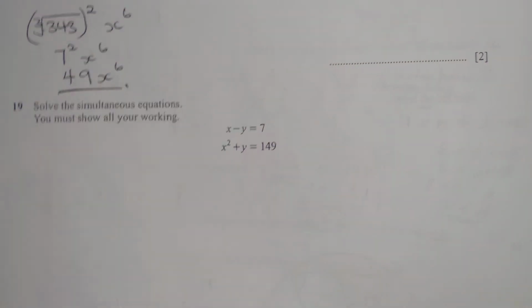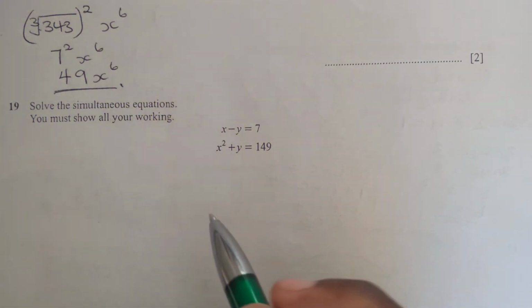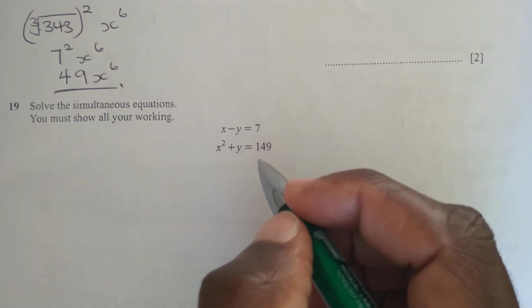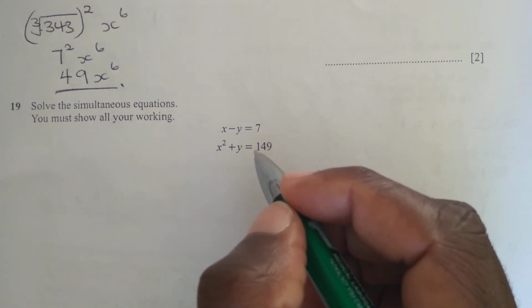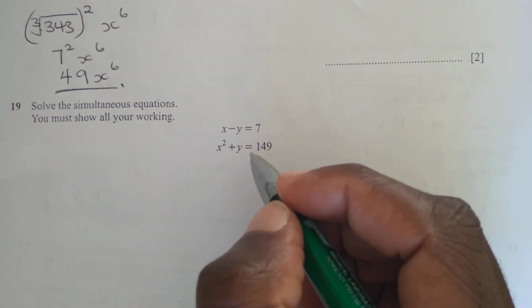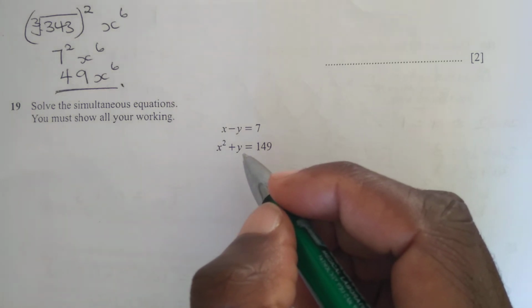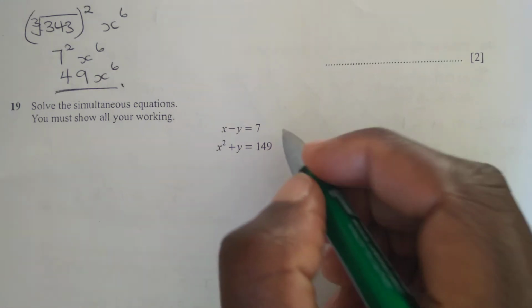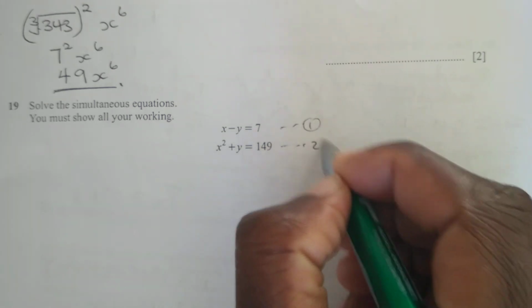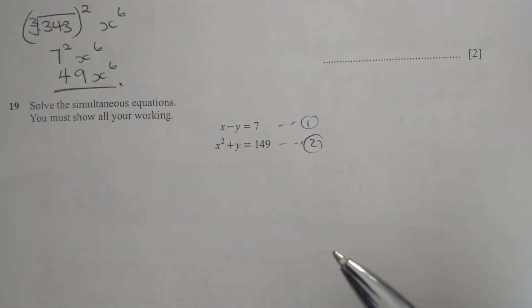Number 19, solve this simultaneous equation and show all your working. So when you're solving simultaneous equations, you basically look at them and look for the most suitable way of solving them. So this is equation 1, this is equation 2.